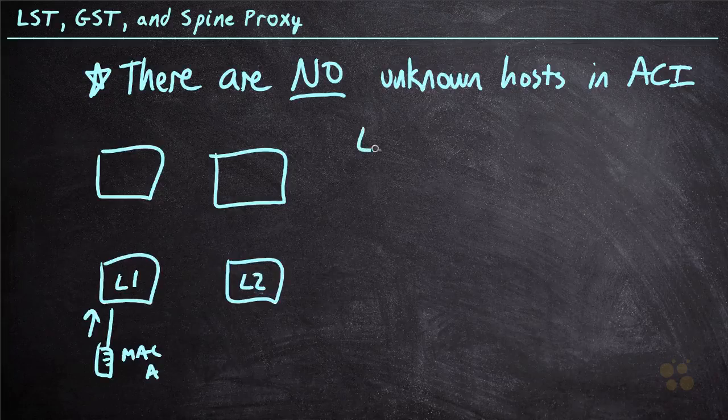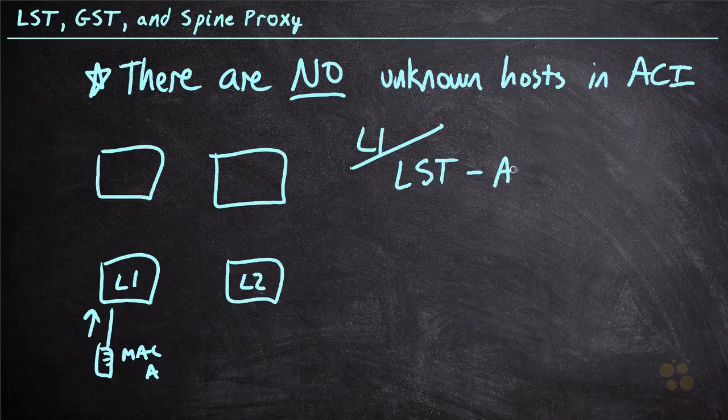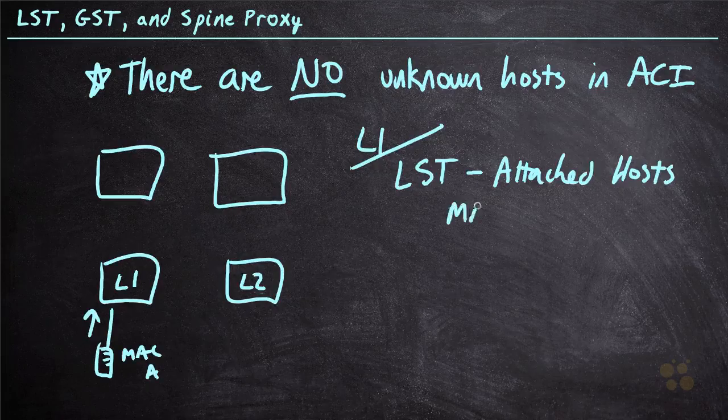And so what leaf 1 is going to do is it's going to build two separate tables as this traffic comes online. First of all, it's going to have the local station table. This would be for directly attached hosts, meaning that, okay, so in our example here, MAC address A, host A, comes online. So we want to store not only the MAC address for A, we also want to store the IP address for A. So now leaf 1 knows where host A is, but nobody else in the fabric does, and that's not okay.